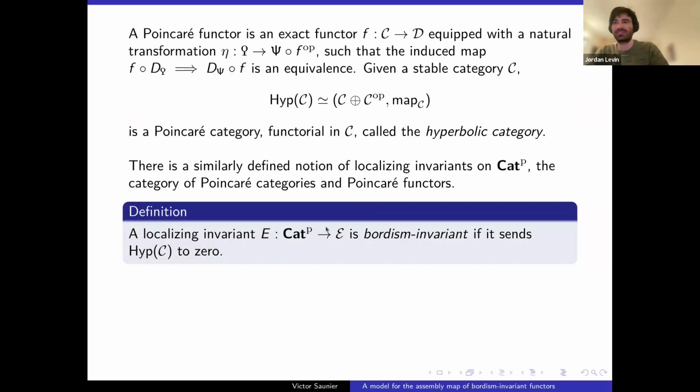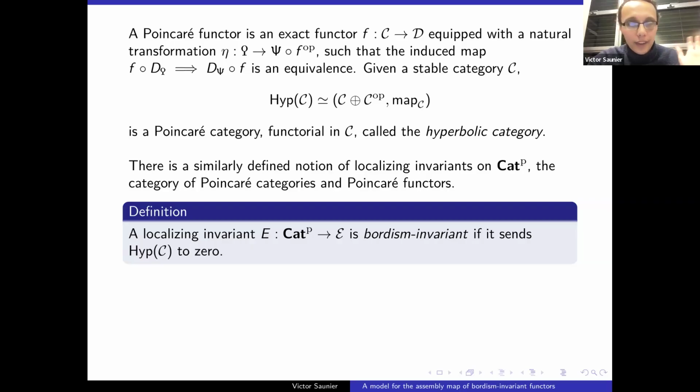It has to do with the fact that, so how do you build, for instance, GW on Cat P? You build those categories of the twisted arrow category of delta n, and you cotensor your Poincare category with those, and these are the Q construction. It so happens that all of those Qn categories have an isotropic subcategory, which is just C. So in particular, they have a fully faithful map from Hyp C, and the cofiber of this is Qn minus 1.